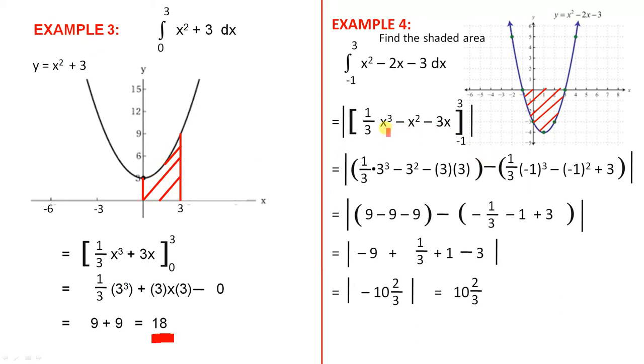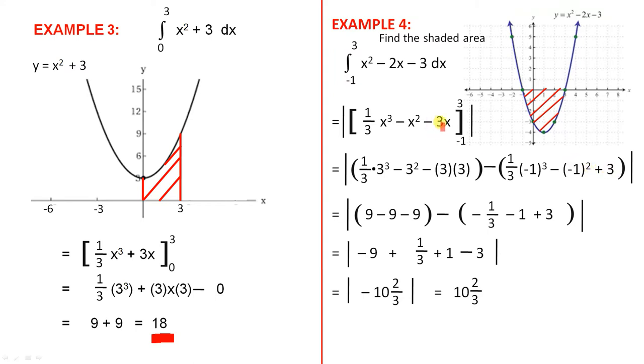So, here's our integration. Now we substitute 3 in, so it's a third times 3 cubed minus 3 squared minus 3 times 3. So that's what we get when we substitute 3 in. Minus, now we substitute minus 1 in, so it's a third by minus 1 cubed, minus minus 1 squared, plus 3.